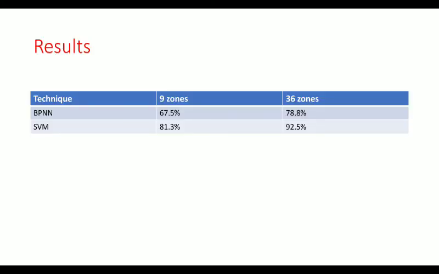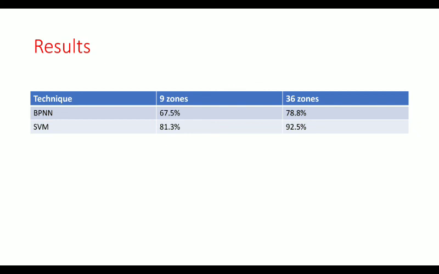And these are the comparative results. I am considering 9 zones and 36 zones. With 9 zones in the backpropagation neural network, I am getting 67.5% accuracy, and with 36 zones, 78.8%.